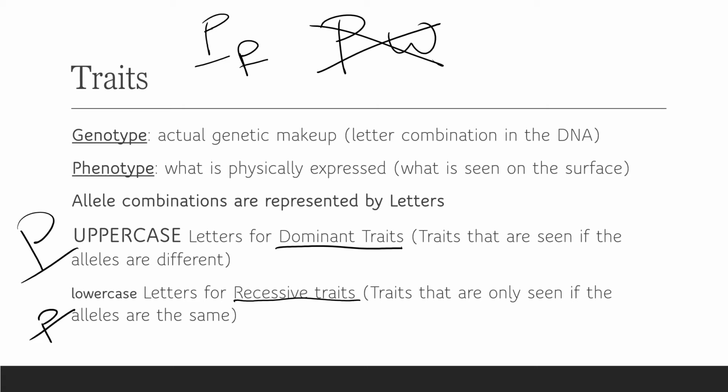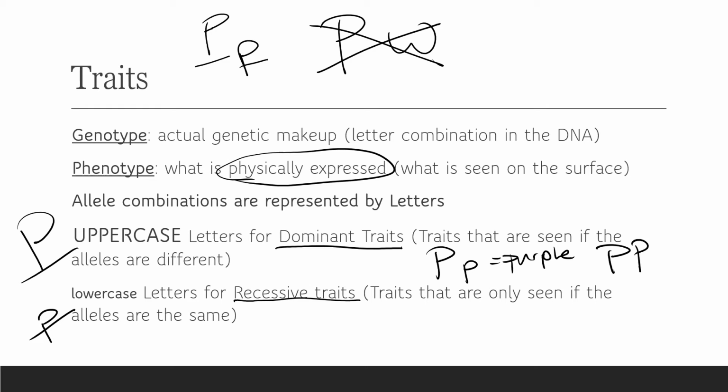Now, a phenotype is what's actually physically expressed, or what's seen on the surface. Dominant traits are always seen if they are there. So if you have different alleles, like for heterozygous, this flower, so that's purple and that's white, this flower would be purple, right?